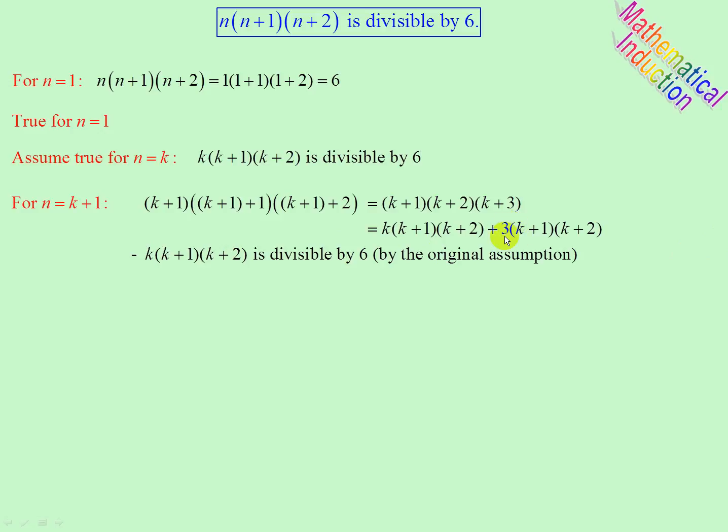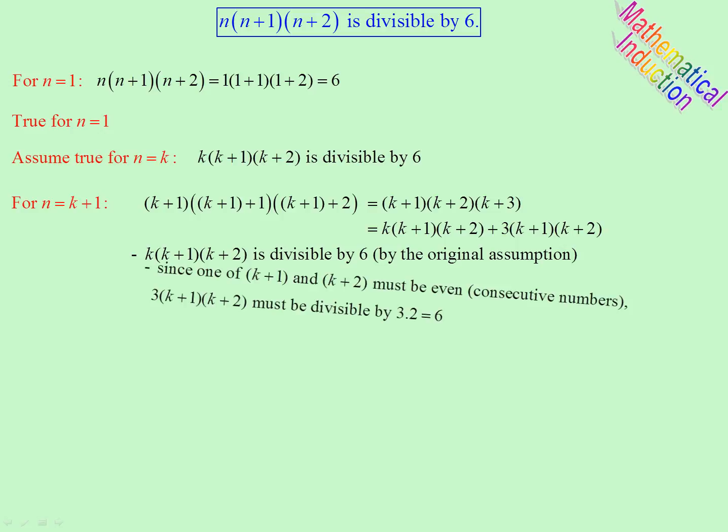But this only has a 3. So we need this to be divisible by 2. Do you notice that these are consecutive numbers? And if you take two consecutive numbers, one must be even and the other must be odd. So here's my reasoning.